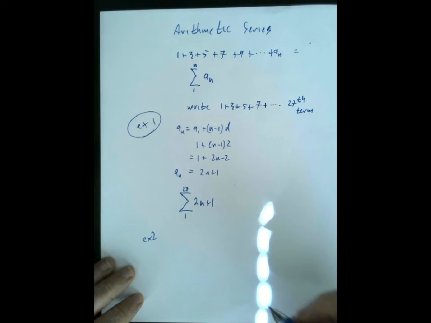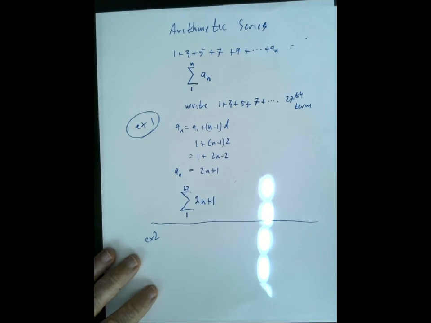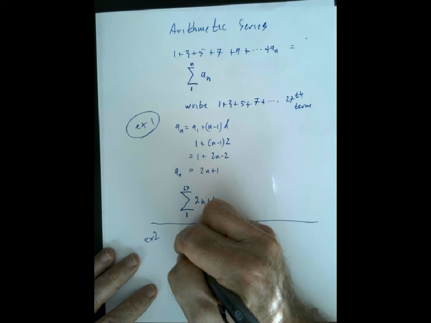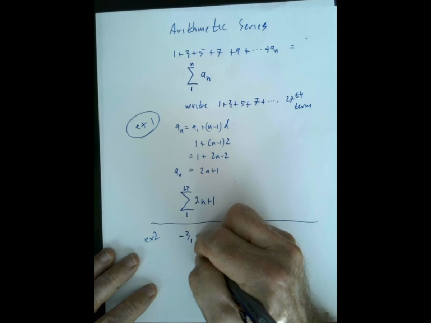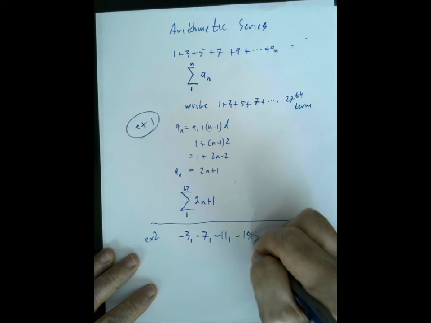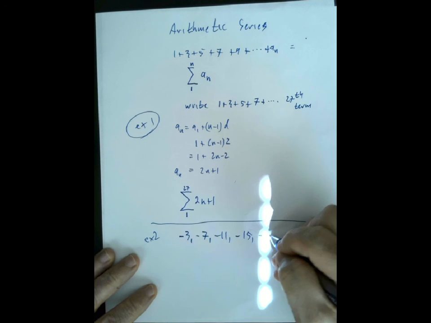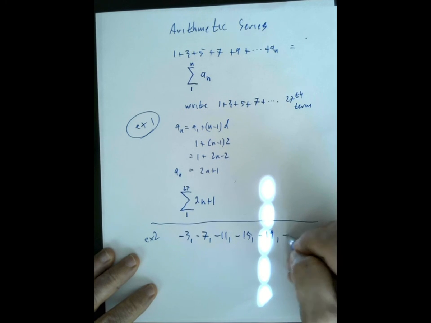Let's do it again. Example 2. How about this sequence? Negative 3, negative 7, negative 11, negative 15, negative 19, negative 23.